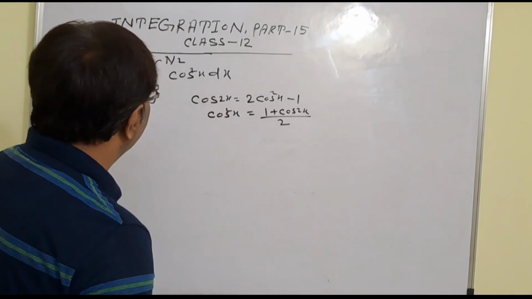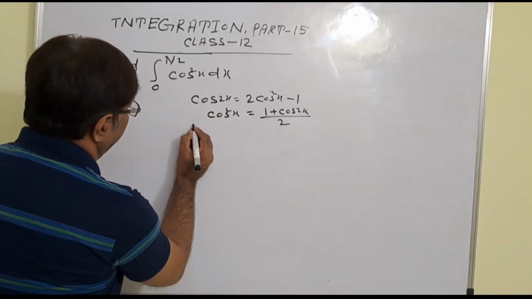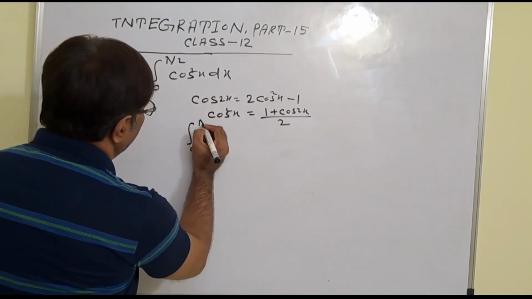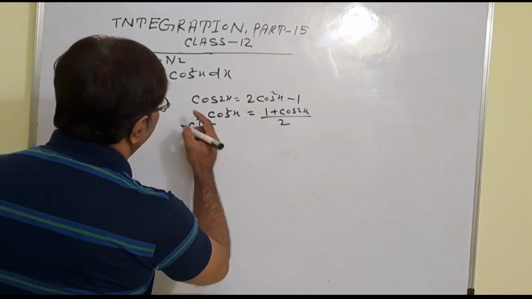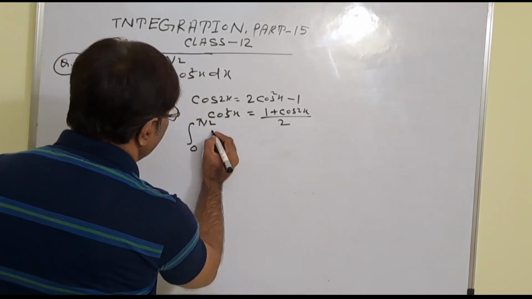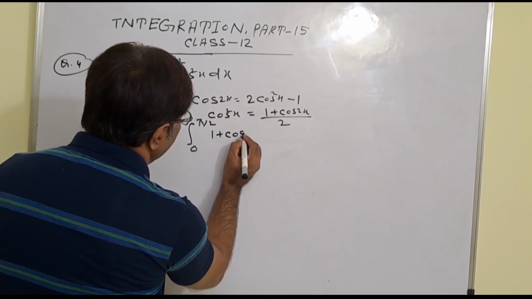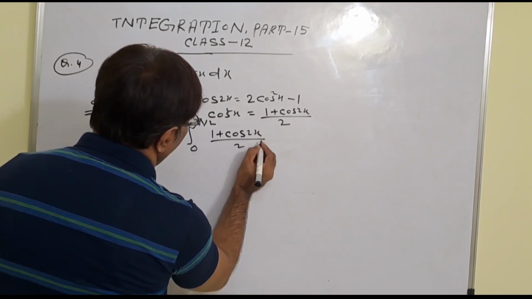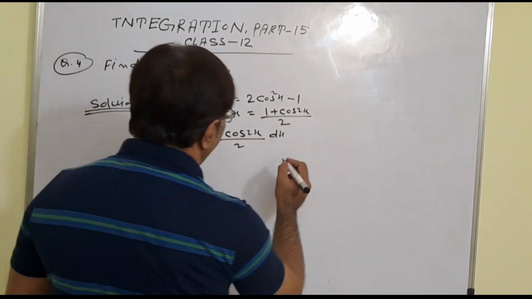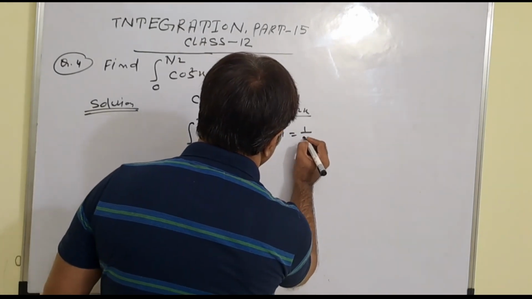Now use this in the place of cos square. So this is 0 to pi by 2, and in the place of cos square x we are writing 1 plus cos 2x by 2 dx. You know half is constant, so just take half outside.